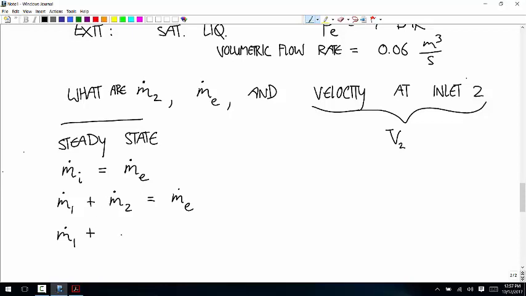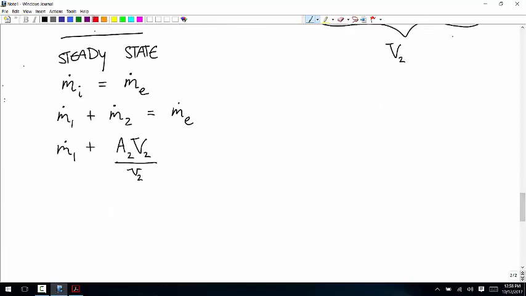M2 dot, though, we don't know the mass flow rate, so we're going to have to calculate that as the area of that second inlet, the cross-sectional area, times the velocity of the fluid moving in through that opening, divided by the specific volume of the water through that opening.